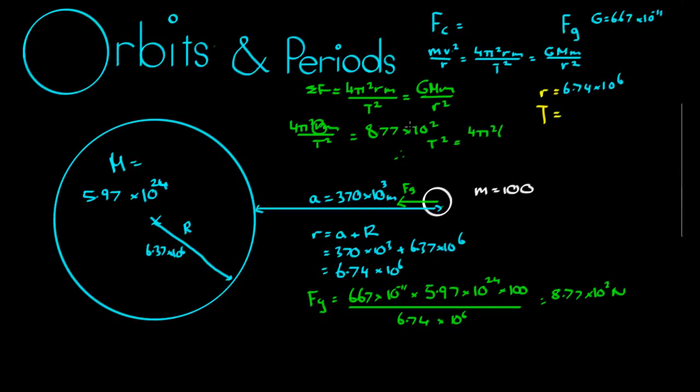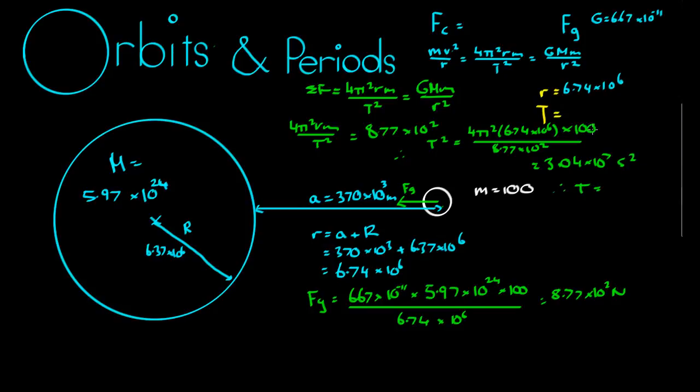Now instead of writing R, I'll write what R actually is, 6.74 times 10 to the 6 times m, which is 100, all over 8.77 times 10 to the 2. And I have this coming out as 3.04 times 10 to the 7 seconds squared.